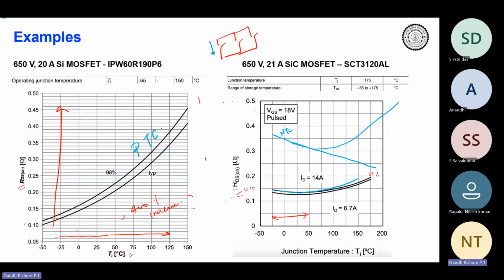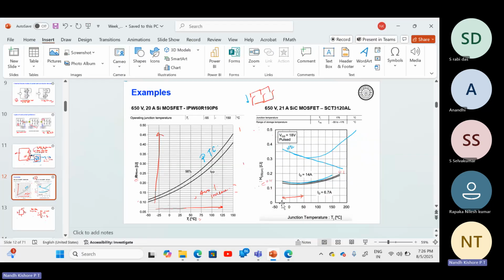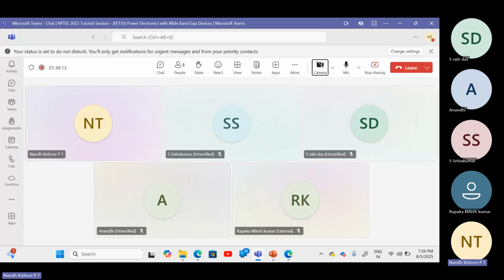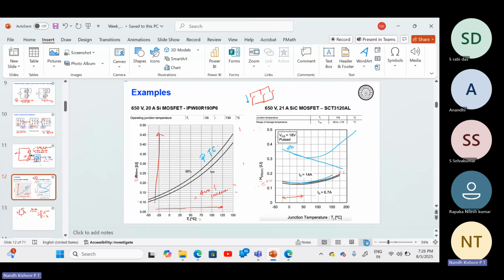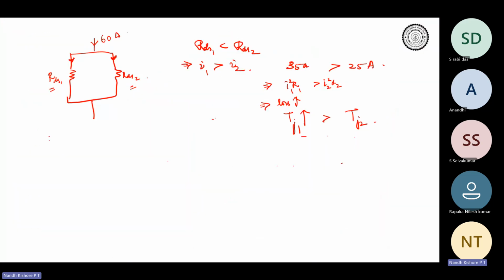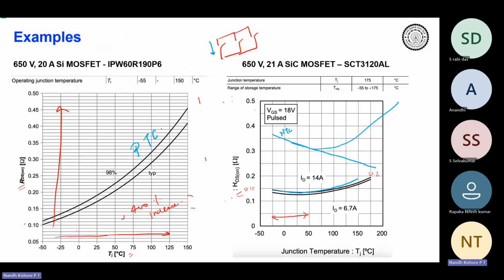If you have a negative temperature coefficient, then what might happen is, as the temperature increases, let's say you moved from 0 to 25 degrees, the resistance still decreased, right? It was over here, now the resistance became this. Resistance decreased.